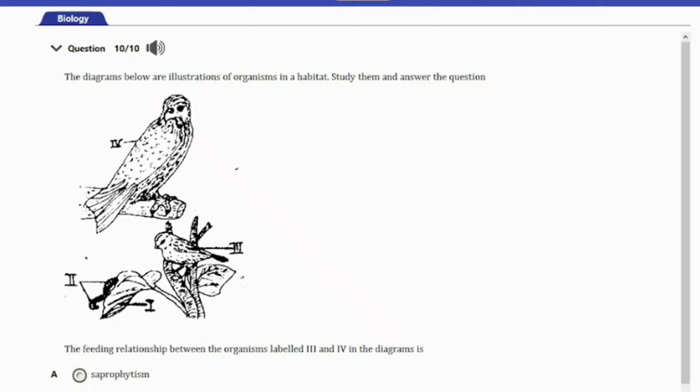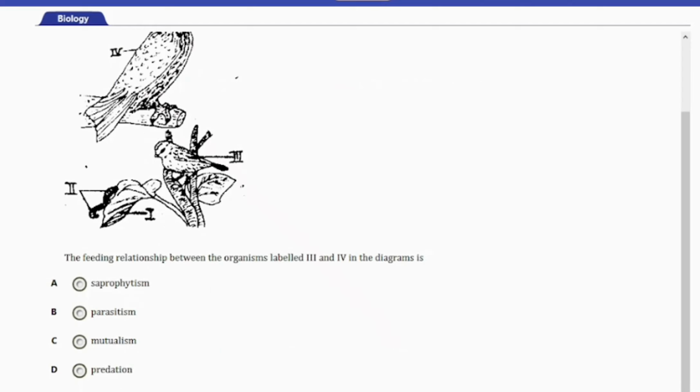So here the question says the feeding relationship between the organism labeled III and IV in the diagram is A, saprophytism, B, parasitism, C, mutualism, and D, predation. So guys, the organisms IV and III here have a feeding relationship of predation. So that's it for that question.